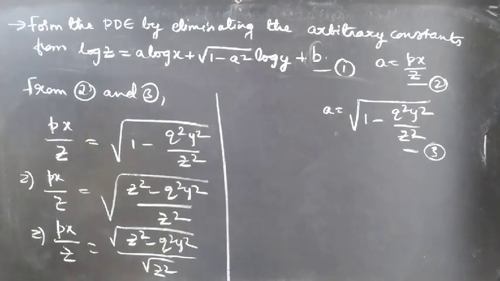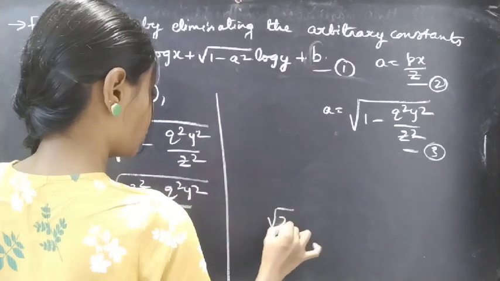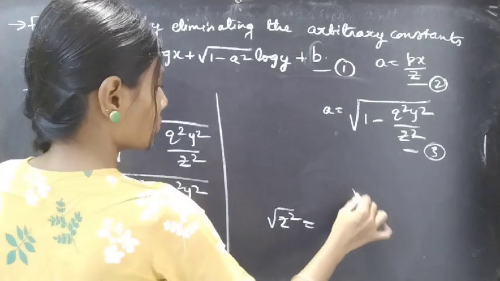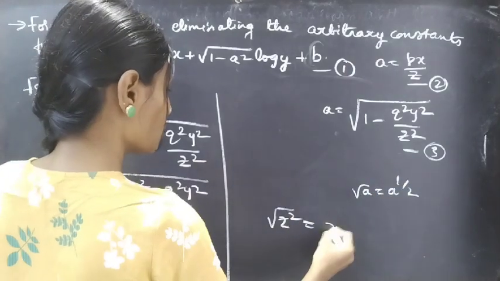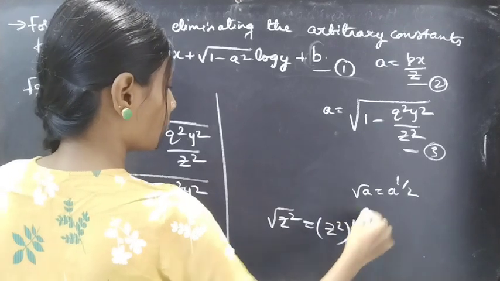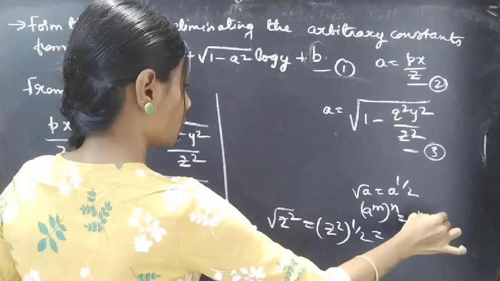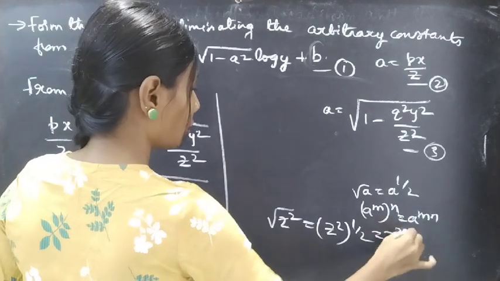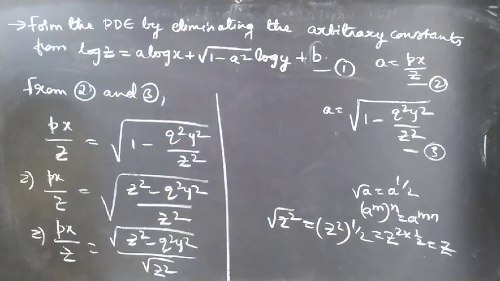Square root of z square is z. Since we know that square root of a can be written as a power 1 by 2, you can write this square root as power 1 by 2. This is of (a power m) whole power n form, which is a power m into n. You'll get z power 2 into 1 by 2, which gives you z. Right?